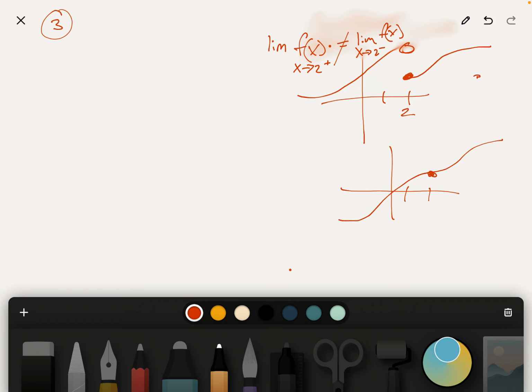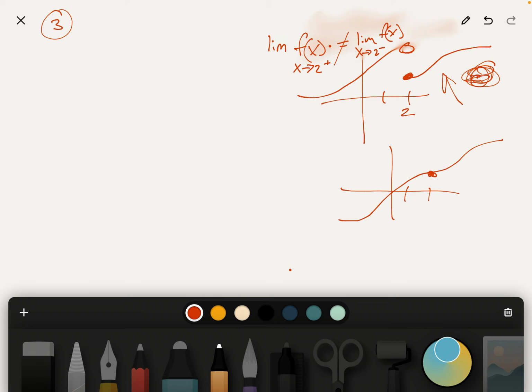This is a function of x, but it's not differentiable at x equals 2. It actually has two limits at 2, and that's the problem. This is a discontinuous function.